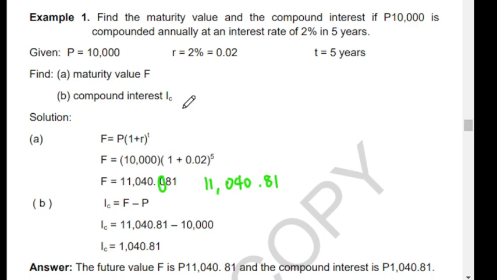So we have the future value is 11,040.81 and the compound interest is 1,040.81. Okay, so let's proceed.